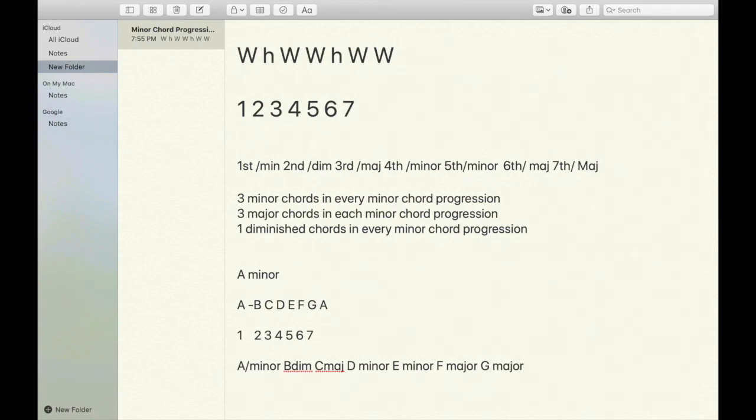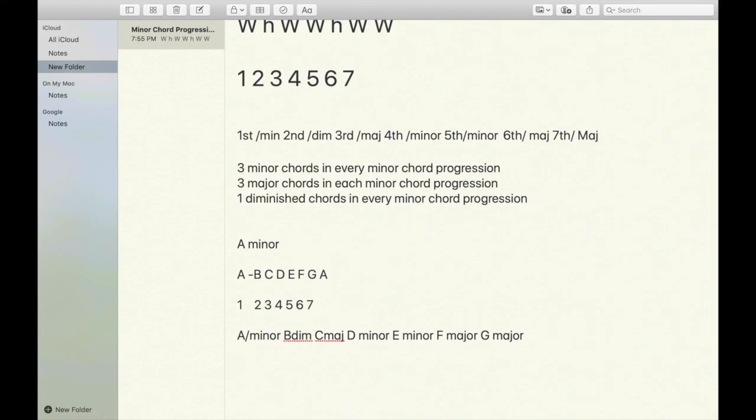Now, how would I make a chord progression? Well, let's say I use the popular 1, 4, 5. It would be A minor, D minor, E minor.